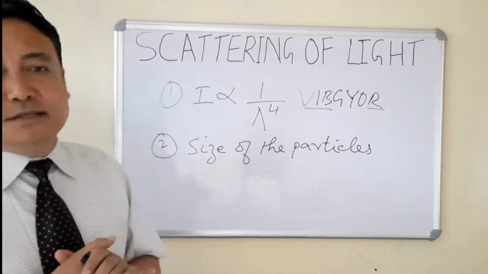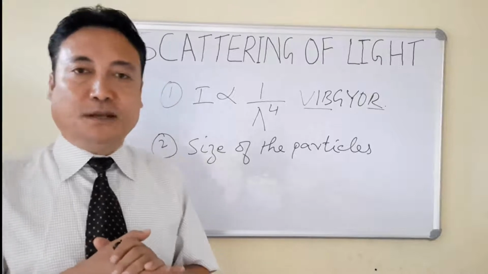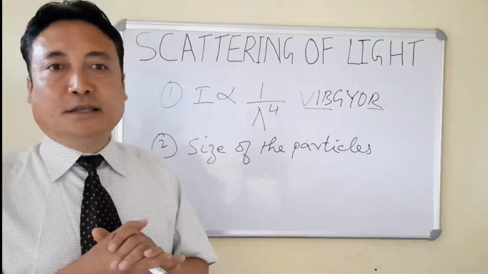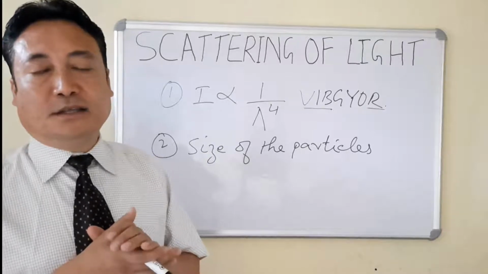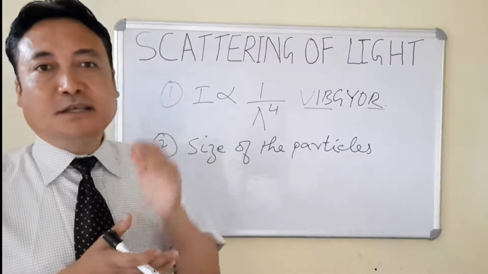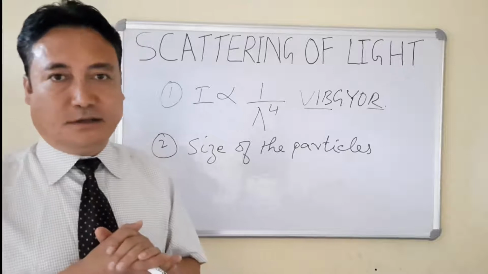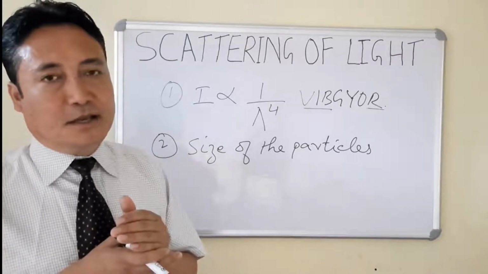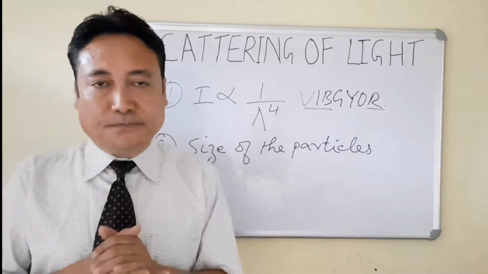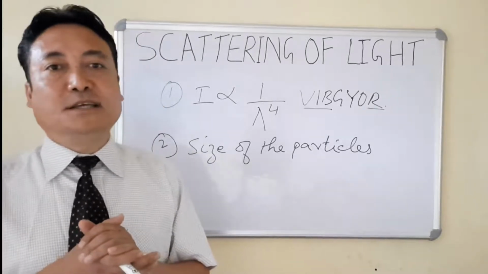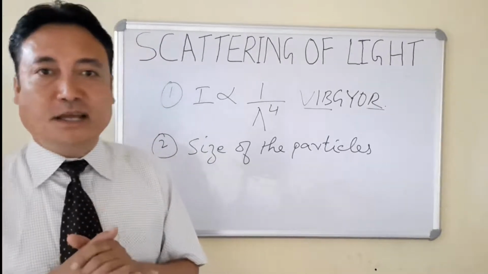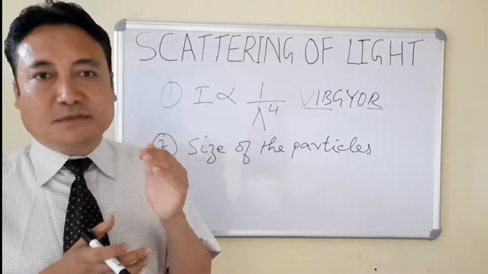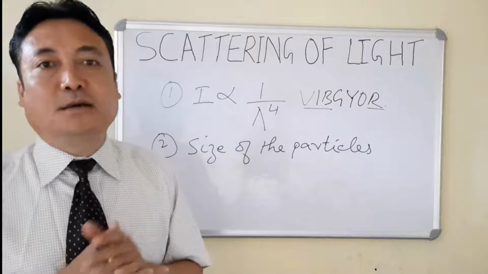Again, the next phenomenon: passengers at high altitude see the sky dark. How do they see the sky dark? When we go to a higher altitude, the atmosphere becomes thinner and thinner. That means the air becomes thinner and thinner. As the atmosphere becomes thinner, the particles also become fewer.